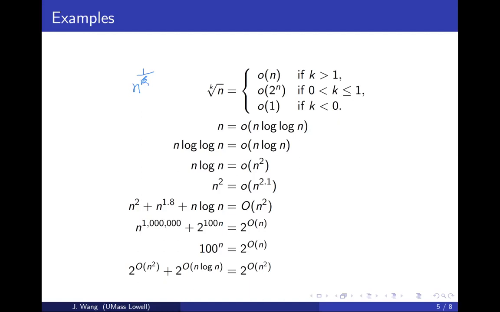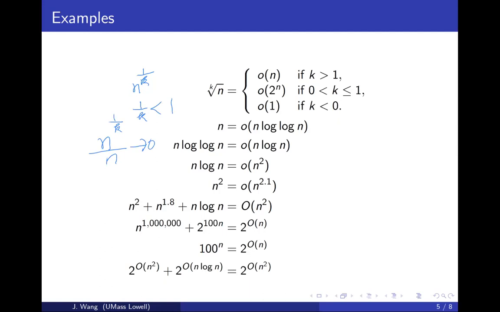If k is greater than 1, then it is equal to small o of n, because when k is greater than 1, 1 over k is less than 1, so n to the 1 over k over n goes to 0 when n goes to infinity.